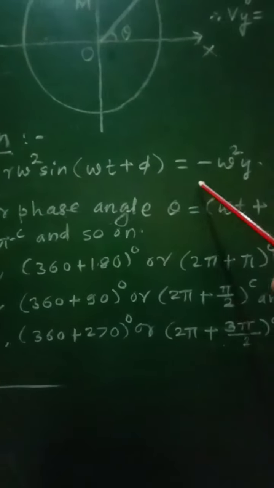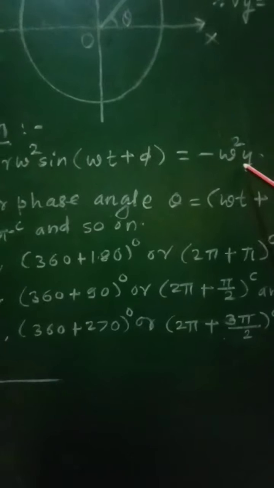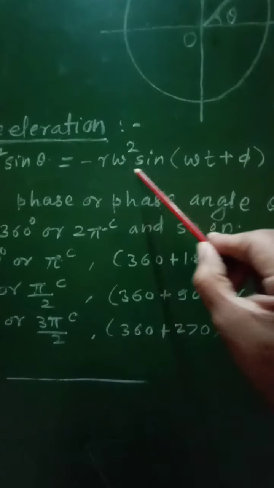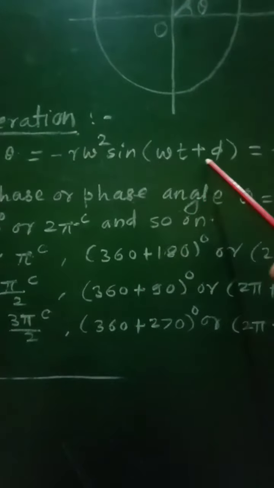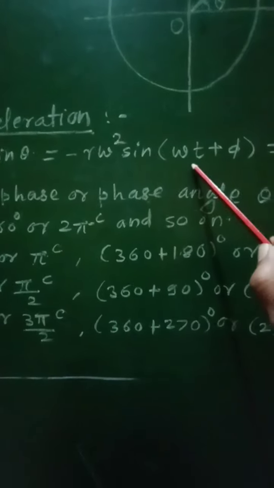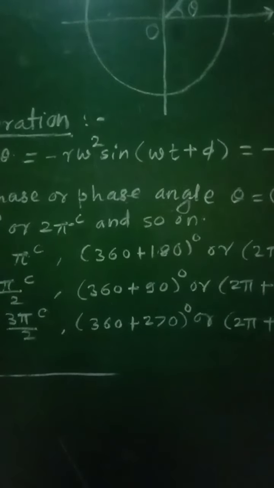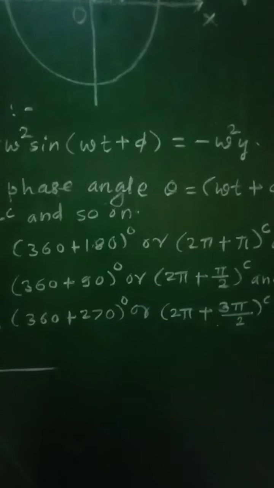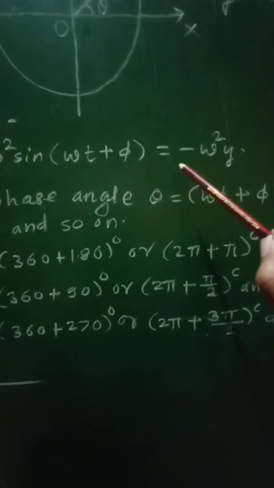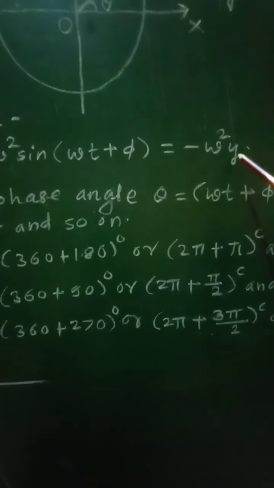Further, this equation will be written as minus omega square y, because r sin of omega t plus phi is nothing but y, and therefore that acceleration a y will be equal to minus omega square y.